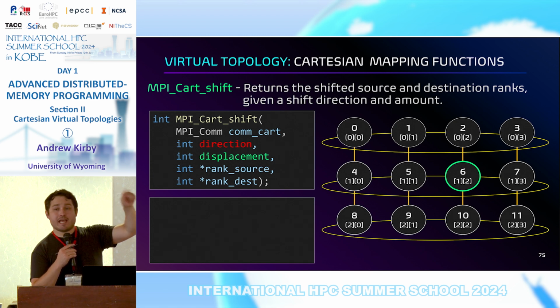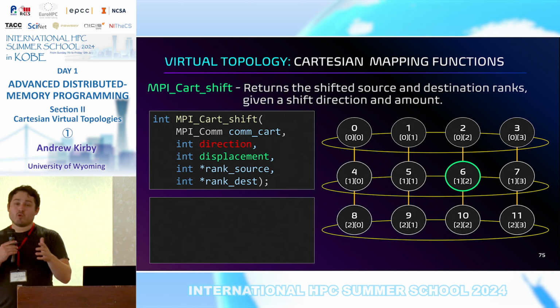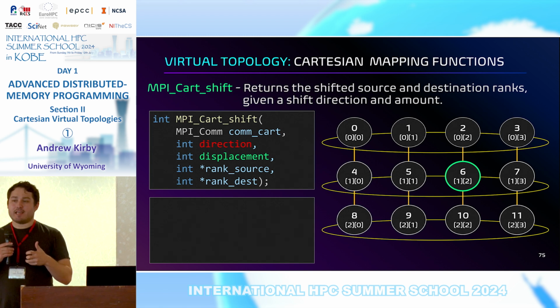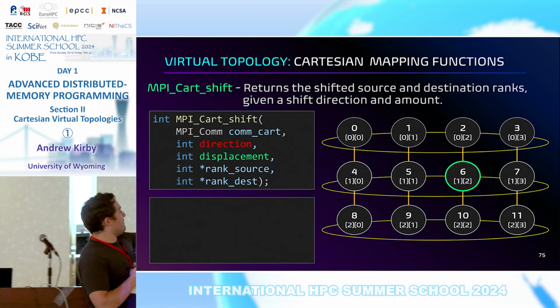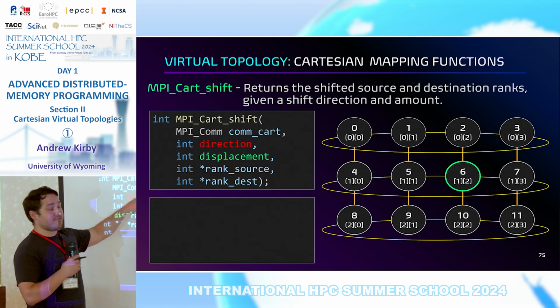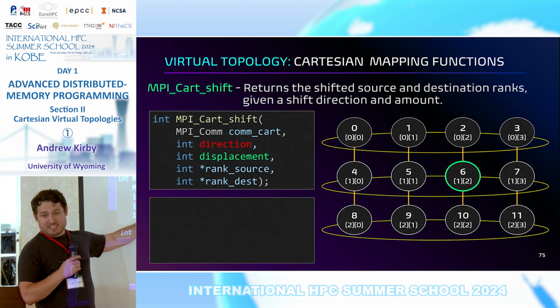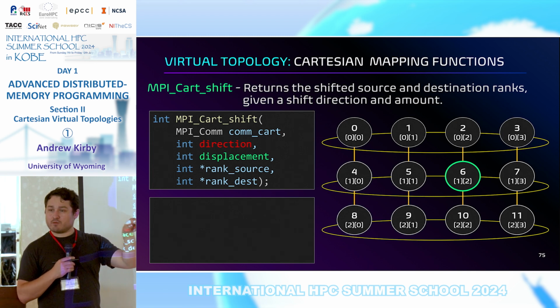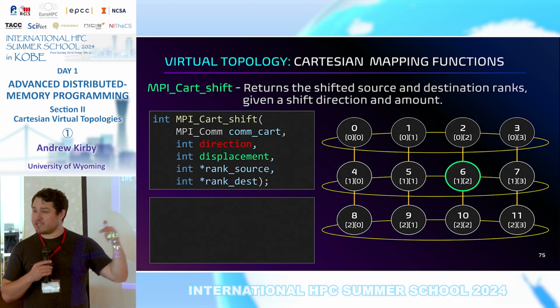And now we have the ability to ask or query MPI, say, I am rank 6, and if I shift +1, and then I say displacement, as we'll see, which direction are we going to shift in? Which dim are we going to shift?